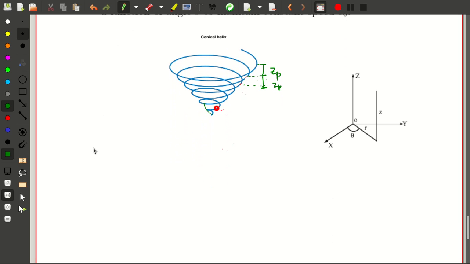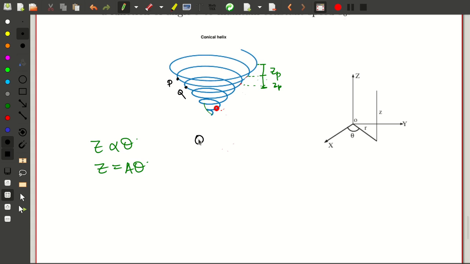So z is your height. z is proportional to theta, so now I am writing z is equal to a theta. That proportionality constant is a. Now how will you find out a? To do that, I am going to find two points here. Let's say this point is Q and this point is P. Since we are measuring in radians, each complete circular turn takes 2 pi radians. So each point can be represented in terms of some integers.